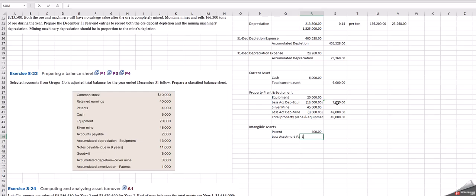I'll go back up. And then we would also have goodwill, and our goodwill is 5,000. And then we would total those up for our total intangible assets.